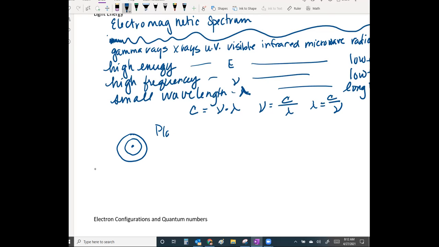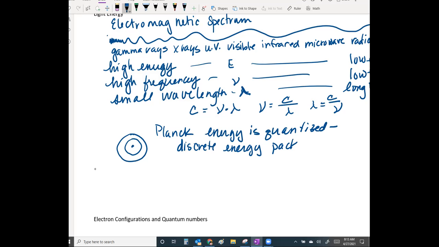Planck is the first guy. They were looking at the light. They were looking at these transitions, and Planck said that energy is quantized, meaning it's in discrete energy packets.